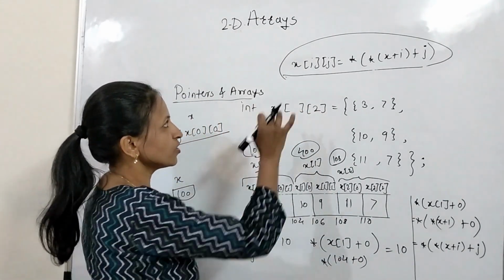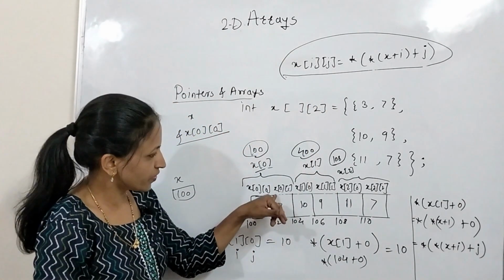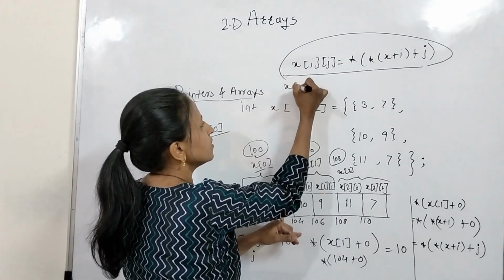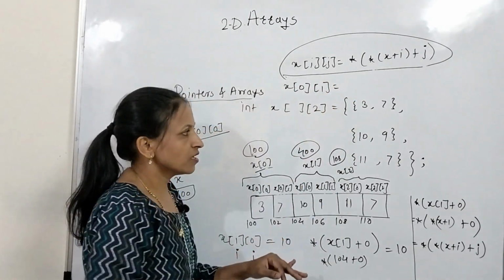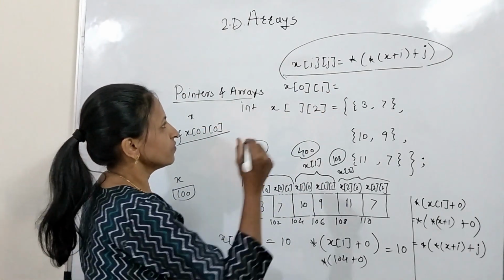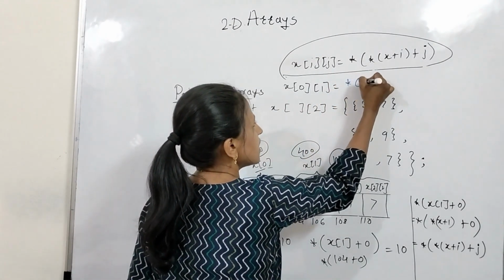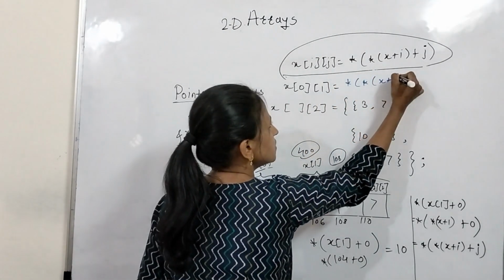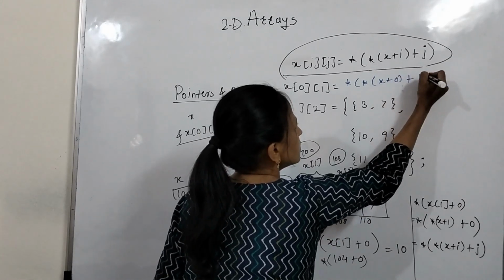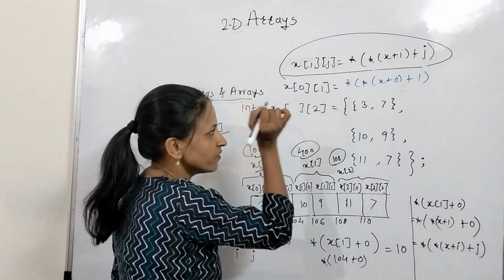See how we can use this. Again, see, I want to fetch this element, that is 7, that is nothing but x of 0 1. Then whether we are getting or not, we will check here. See, we will write like this: star, round bracket, x plus 0, close bracket, plus 1. Now how we will get that element?